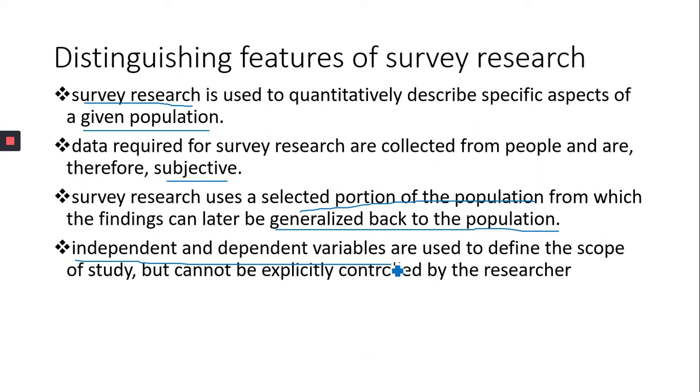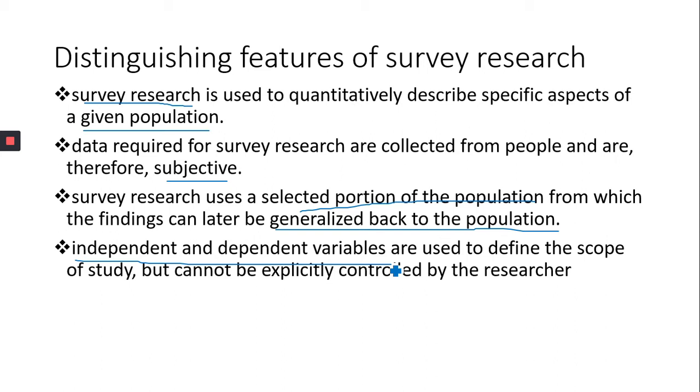Independent and dependent variables are used to define the scope of study, but cannot be explicitly controlled by the researcher. Unlike in experimental research, dear students, we did point out that when it comes to experimental research, we manipulate the independent variables, which we call the treatments.